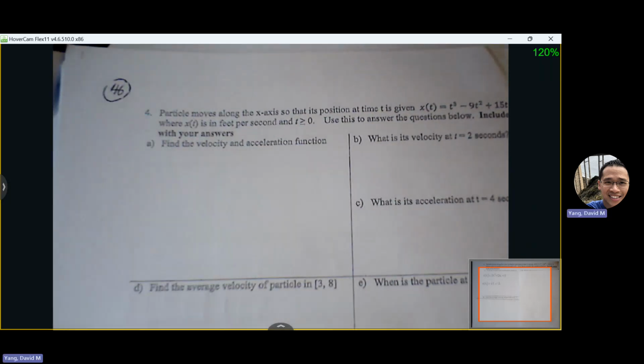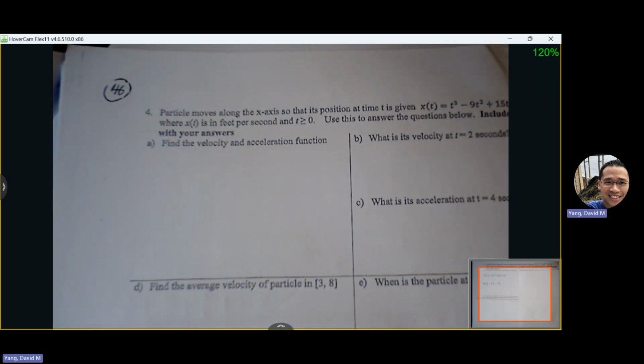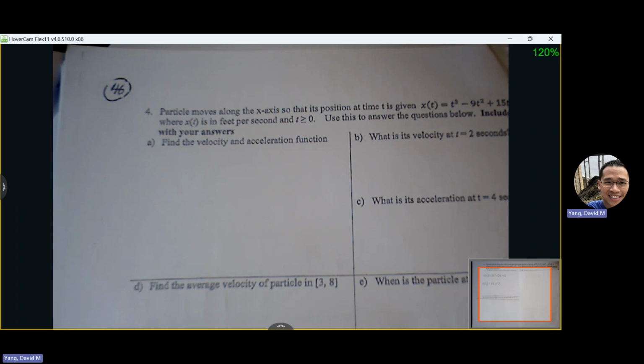Part A says find the velocity and acceleration functions. So go ahead and find each of the derivatives. Find the first derivative, well, I'll give you velocity. Find the second derivative, that will give you acceleration.